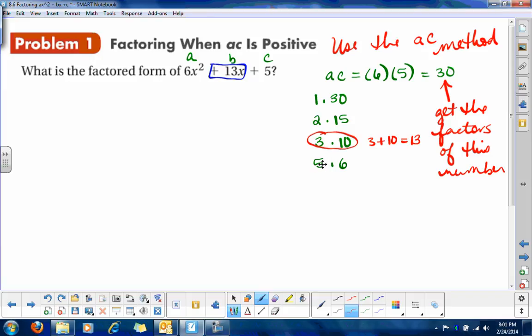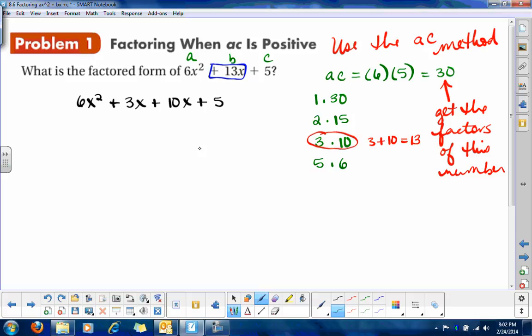All right. So now we're going to rewrite this 13x using 3x and 10x. So we've got 6x squared, then we're going to rewrite the 13x, so that's going to be plus 3x plus 10x, and then write the rest of it, plus 5.